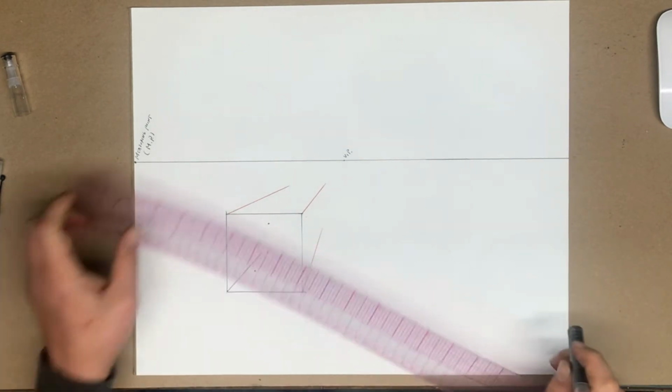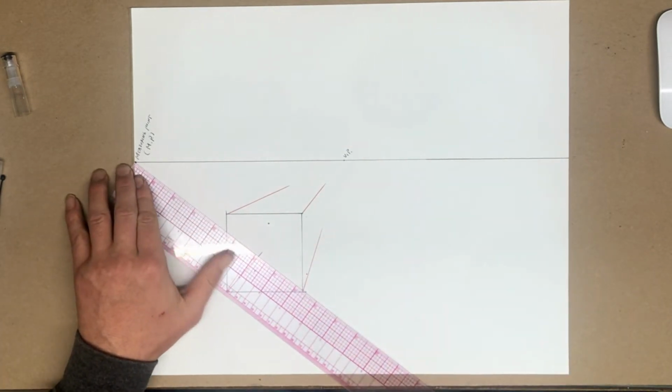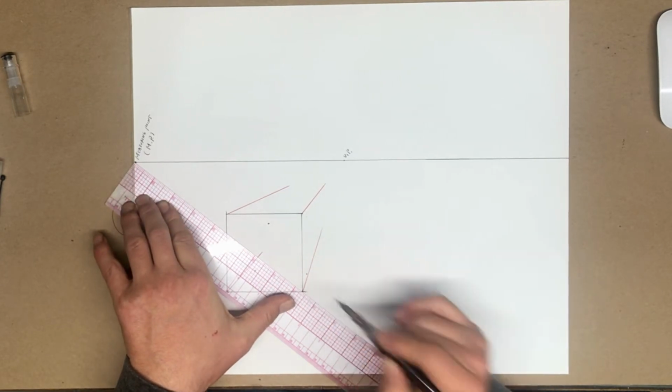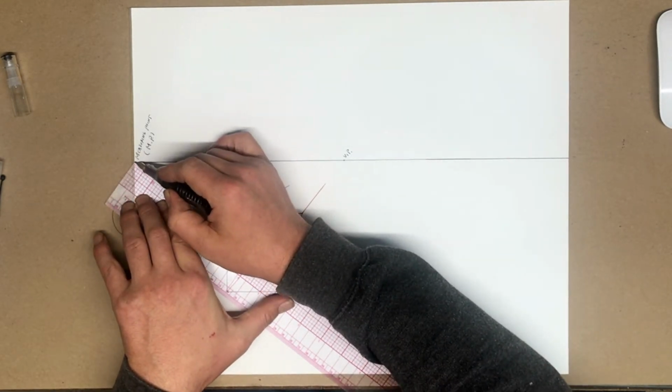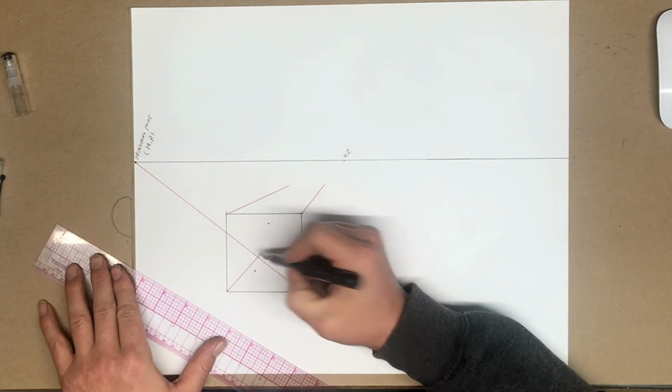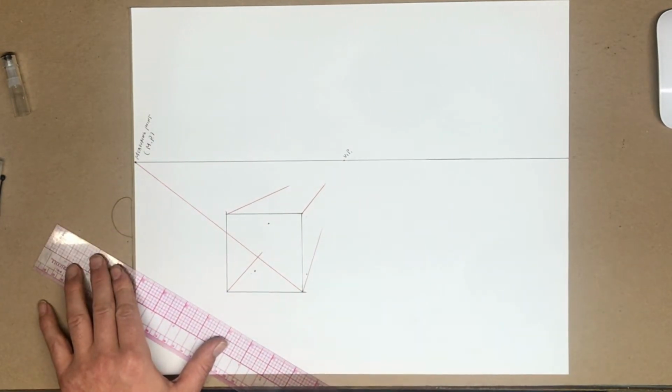How do we use this measuring point? Here's how. Line up your ruler with the measuring point and the furthest corner away. Draw a line. Do you see how there's an intersection right here? That's where the back of the cube ends.